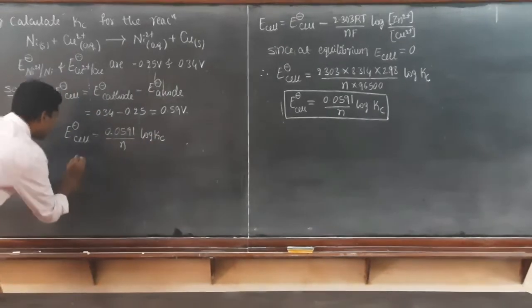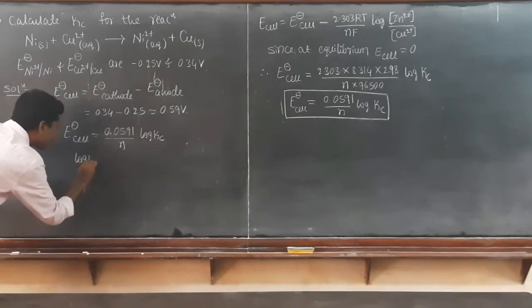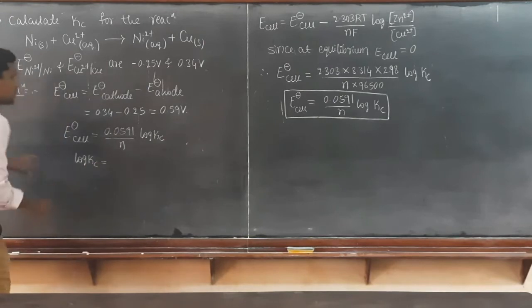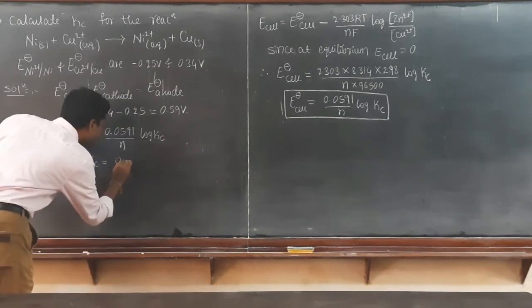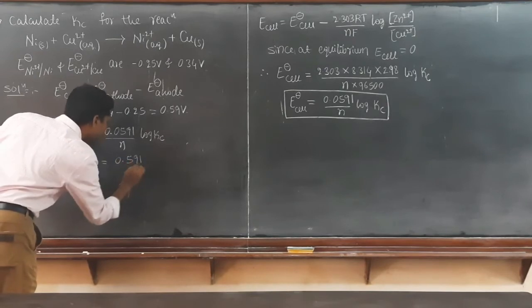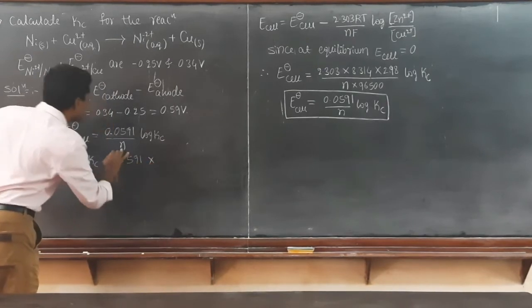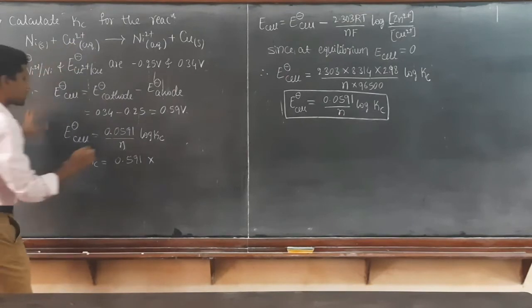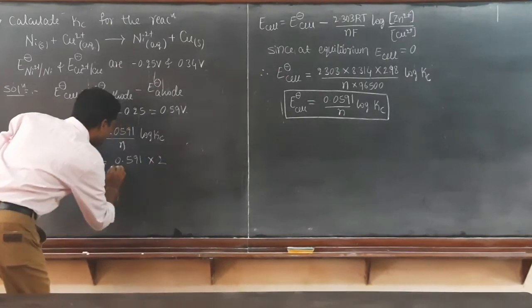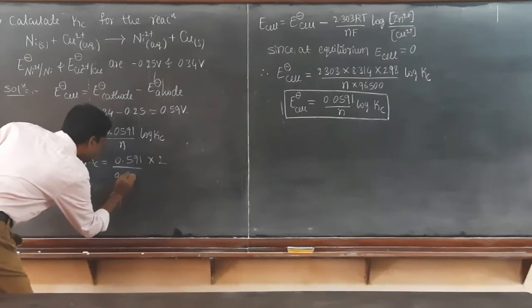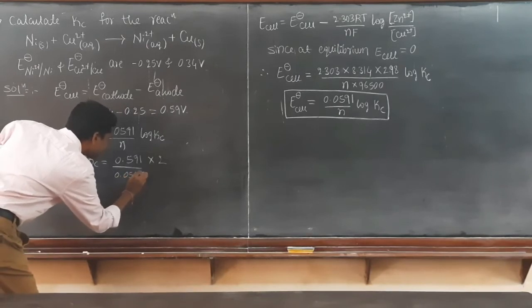So log Kc is equal to, you transfer this one, E naught of the cell, which is 0.59, into 2, because there are 2 electrons involved in this reaction, divided by 0.0591.